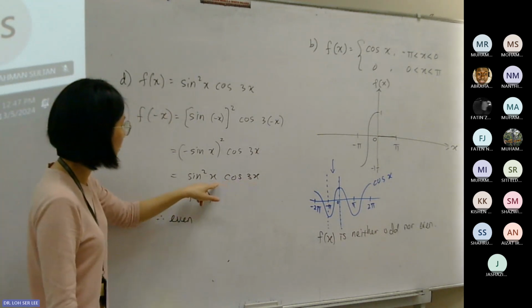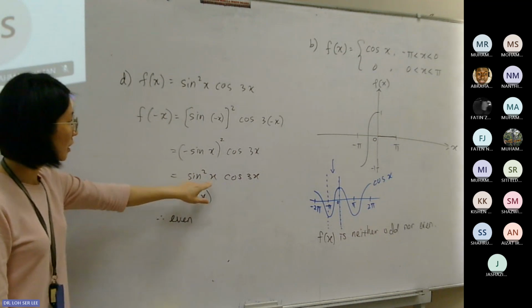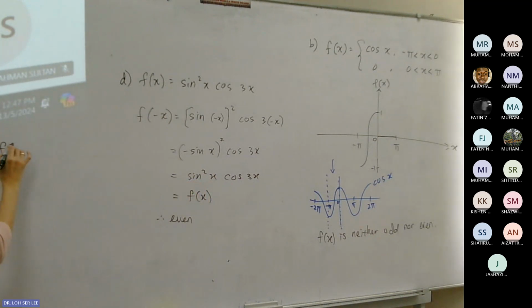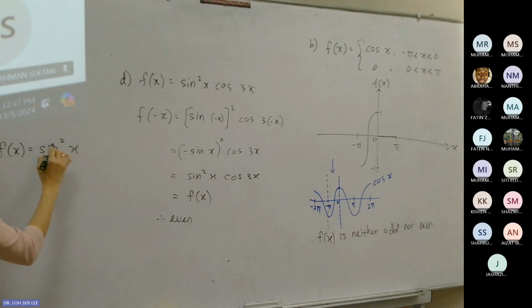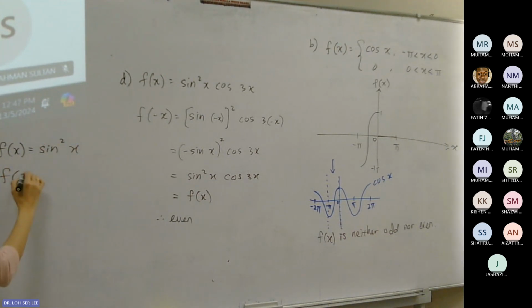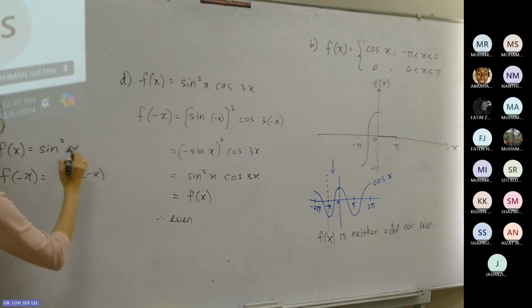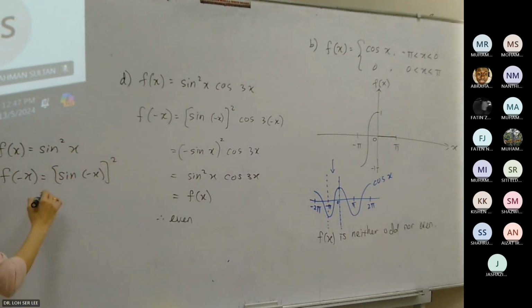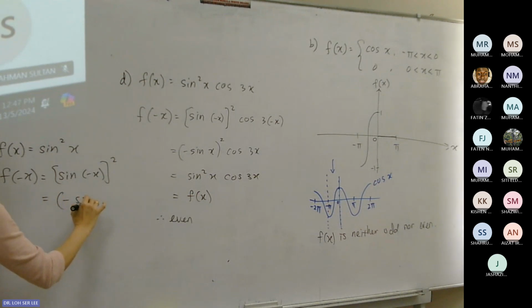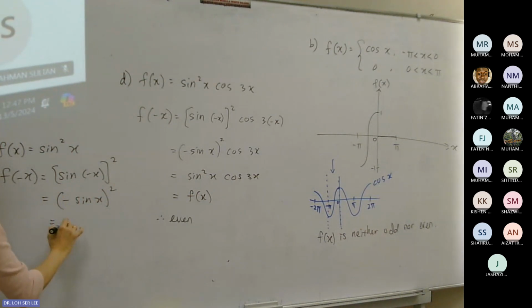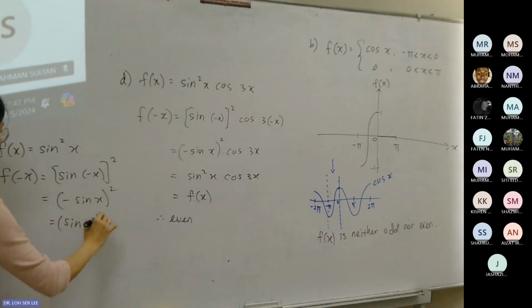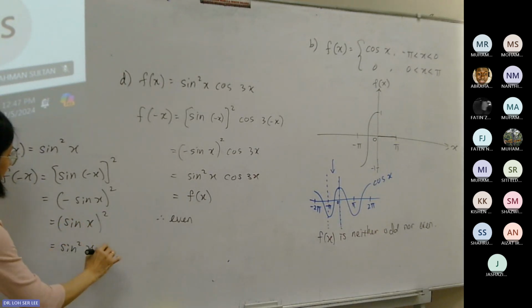Why we get even? Because this is even, this is also even. If you look at this individually, for sine squared x, this is similar. When we check on this one, this is sine negative x squared. That means negative sine x squared. Then we get sine x squared. This is actually sine squared x, which is the f(x).